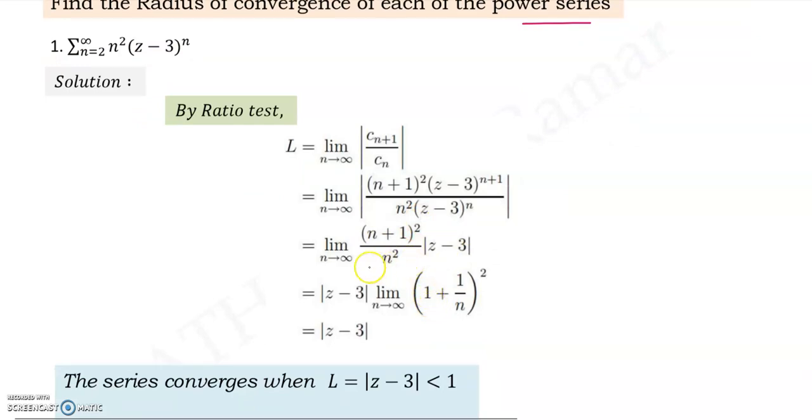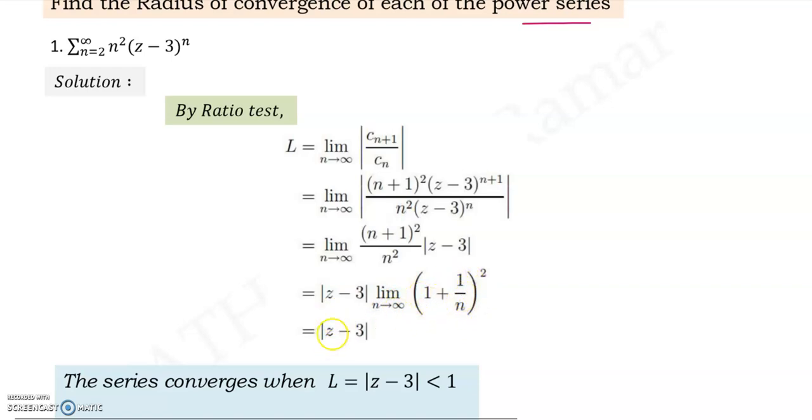The limit is given for n tends to infinity, but z minus 3 has no limit, so you take this outside the limit. If n goes to infinity, this value goes to 1, because this will be 0, then 1 plus 0 is 1.